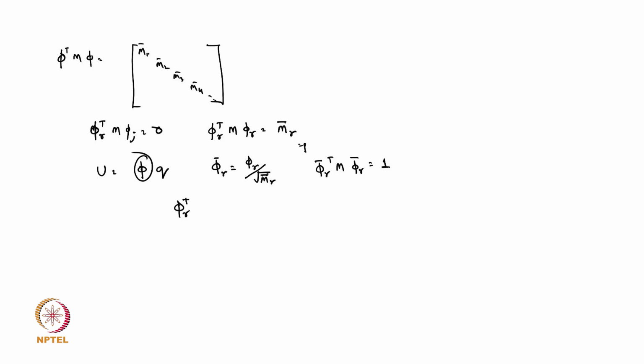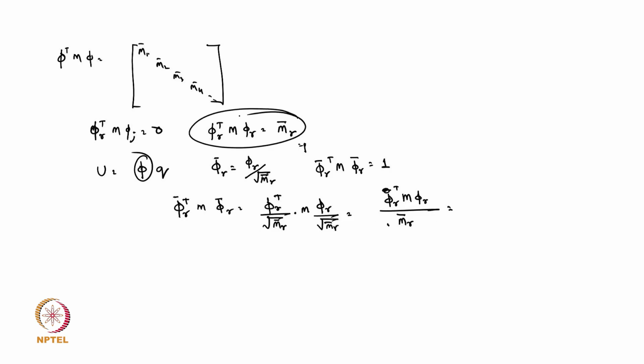If you anticipate that, what will happen? This, m into this, should be equal to phi r divided by root of m r bar, into m, into phi r divided by root of m r bar. So you have phi r transpose m phi r divided by m r bar, and m r bar is nothing but phi r transpose m phi r.